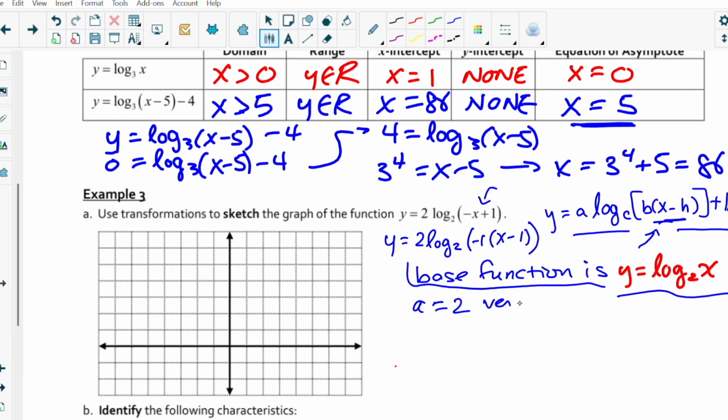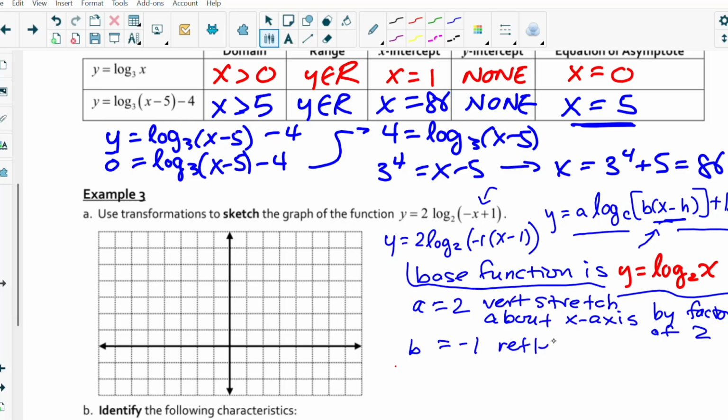What does that tell me? This is a vertical stretch about the x-axis by a factor of 2. b equals negative 1.